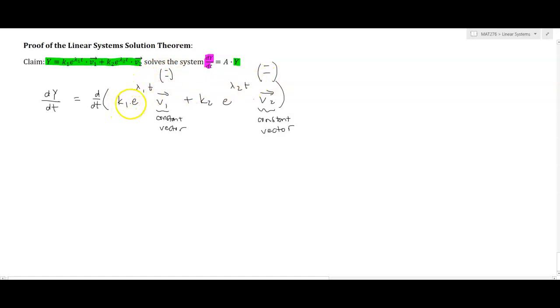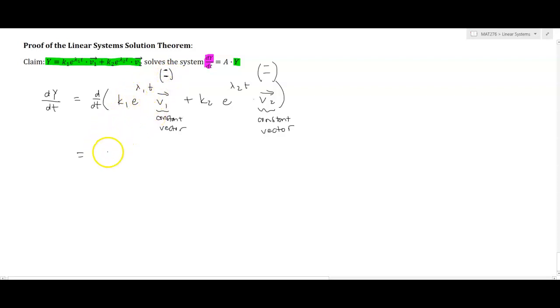So to take the derivative of this, since that's a constant vector, all I need to worry about is taking the derivative of the functions of t. Again, k1 times this component will produce some number times k1 e to the lambda 1 t.